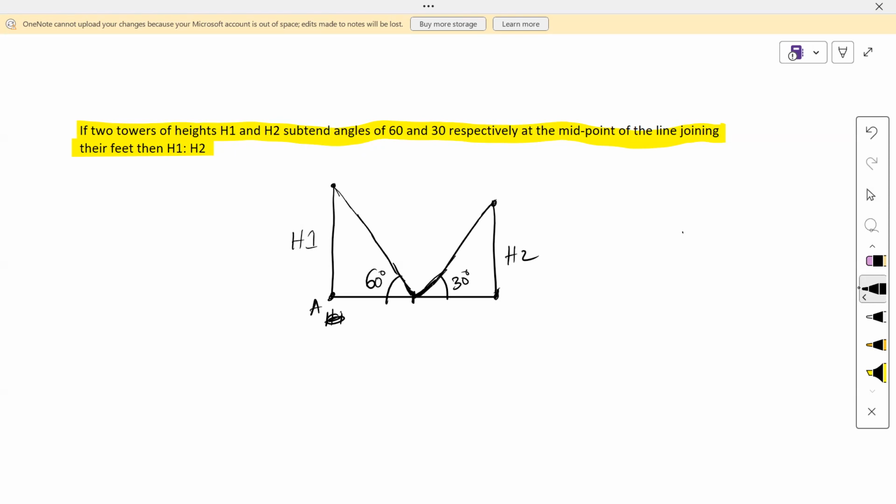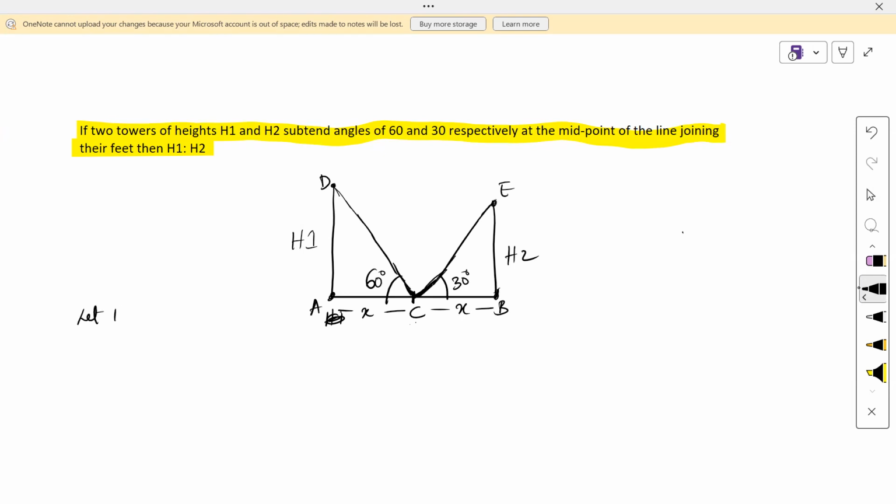So let's say this is A, this is B, and this is C, and D and E. Okay, so C is the midpoint between A and B. Since C is the midpoint, AC will be equal to CB. So you take AC equal to x, and CB is also x.